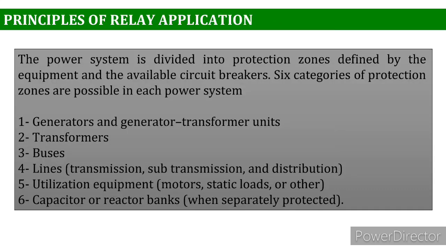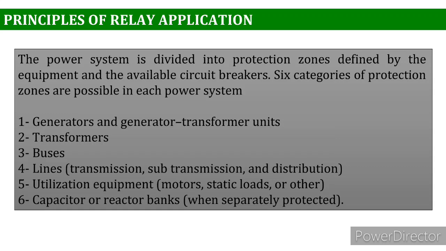Well, there are some principles of the relay application. The power system is divided into the protection zones defined by the equipment and the available circuit breakers. Six categories of the protection zones are possible in each power system, like, if we can say, generators and generator and transformer units.